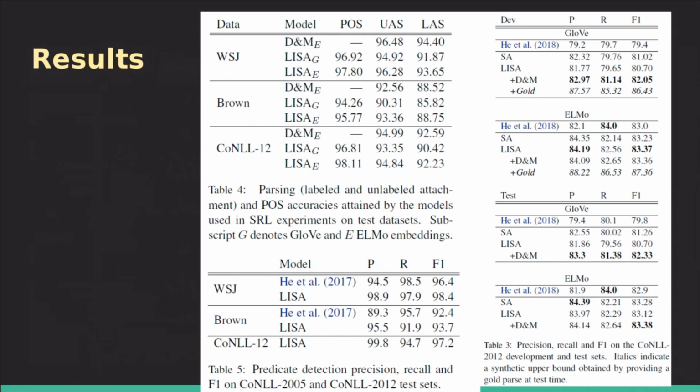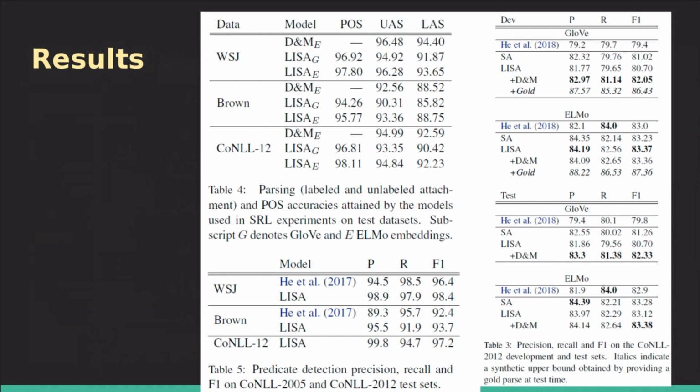You can see that LISA substantially outperforms He et al. on precision, and quite well by 2 F1 points. On Brown, again, you can see that it performs better by 1 and something F score, and quite a bit, around 6%, on precision. It doesn't gain as much on recall.